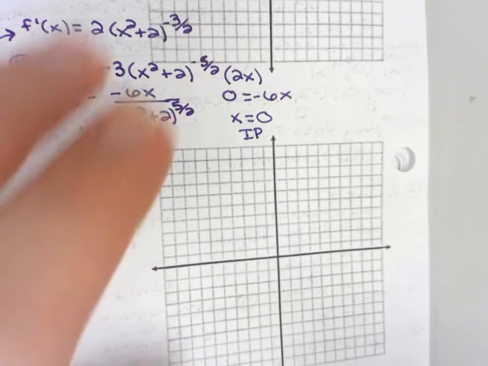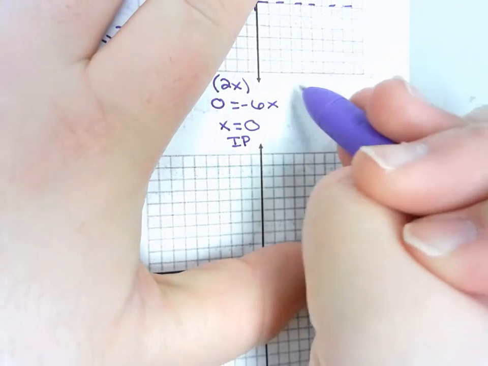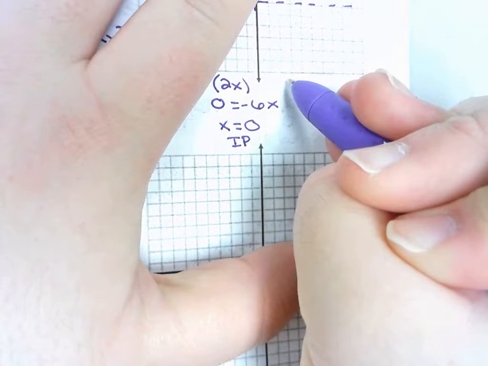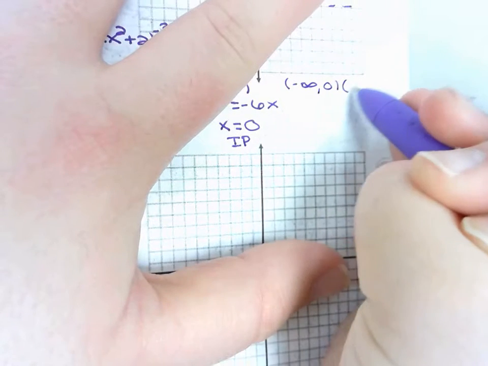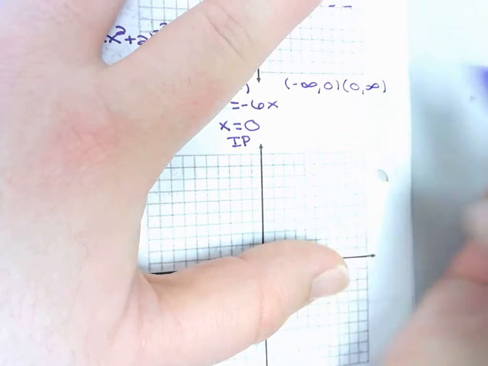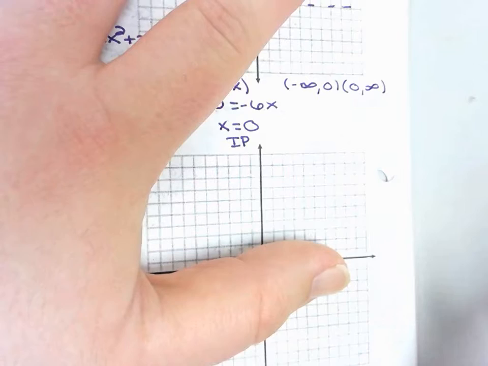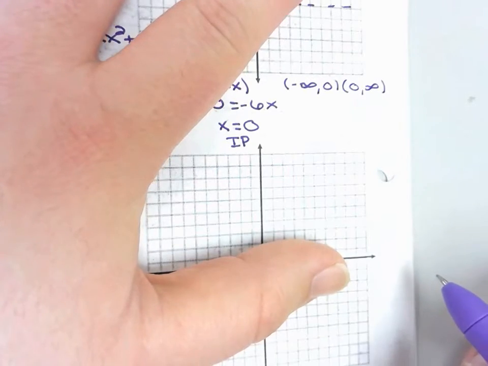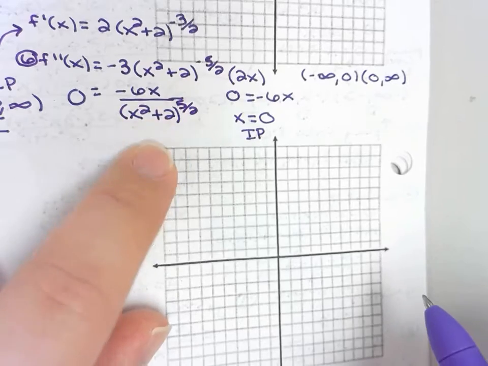As I check concavity, what are the intervals I check over? Negative infinity to 0 and 0 to infinity. Unlike the critical points, I actually have an inflection point, so I have to include that in the intervals. Plug it into the simplified second derivative, and make sure you include the denominator.